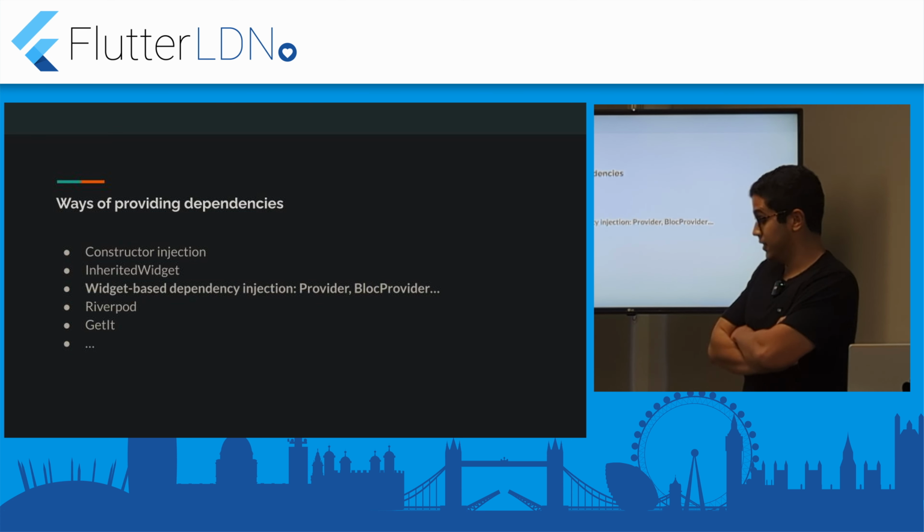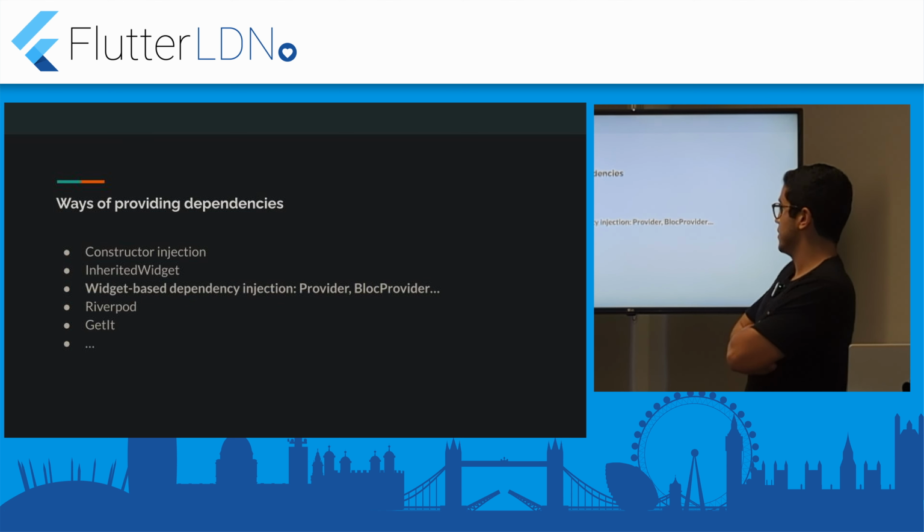InheritedWidget, that's the Flutter native way to provide dependencies. I'm going to give you guys an example, but mostly it injects the dependencies through the widget tree. We have some widget-based dependency injection libraries. Most famous ones are Provider and a wrapper around Provider that is Bloc Provider. If you use Bloc, it comes with Flutter Bloc. It comes with the Bloc Provider for you to inject your dependencies, your blocs.